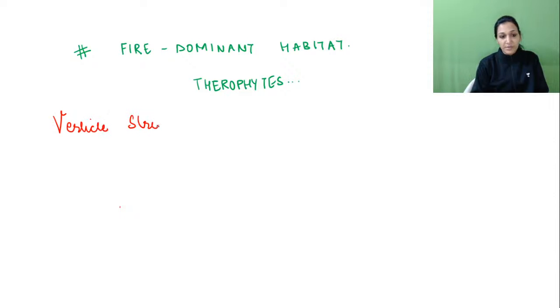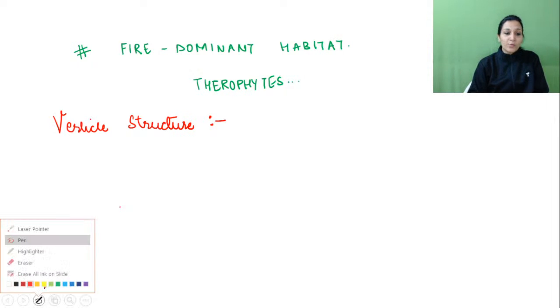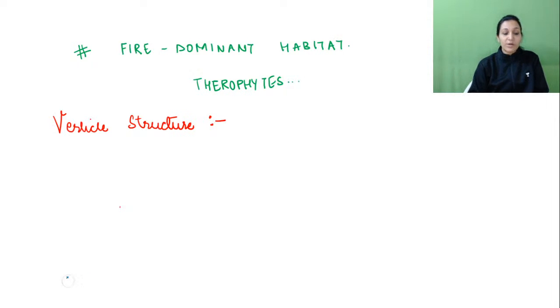So now we need to see the vertical structure of a community. In community ecology, vertical structure is determined largely by the life forms of plants, including their size, branching and leaves, which influences and is influenced by the vertical gradient of light. So what vertical structure depends on and how it is influenced, that thing will be right.